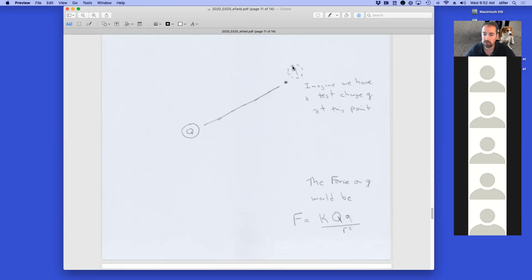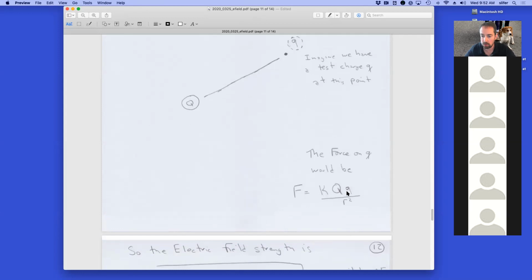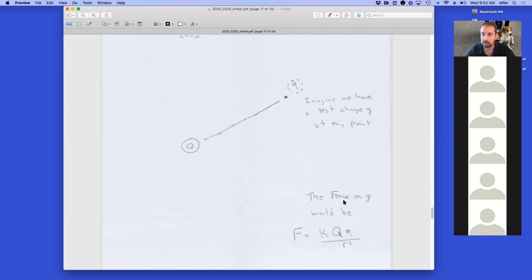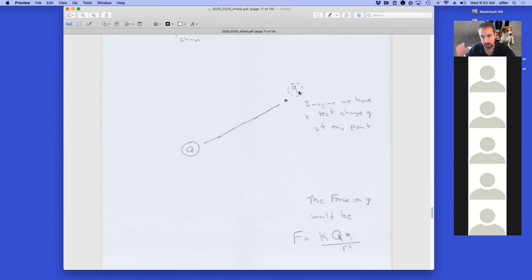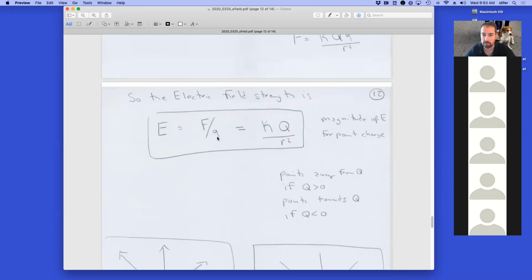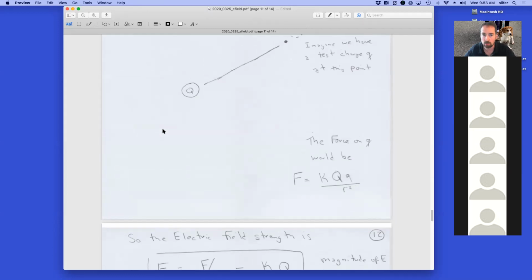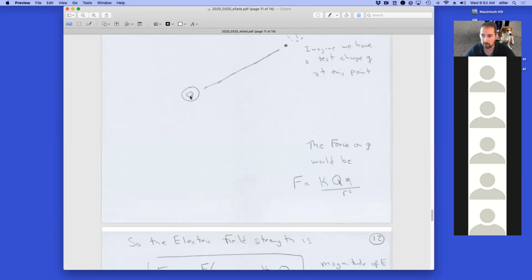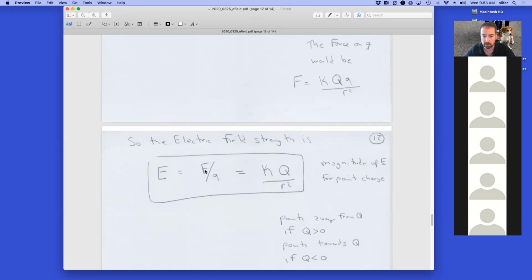But this is just a bookkeeping device. The small q is just so that I can evaluate the impact of this big Q on the space around it. So my force is k Q q over r squared, but I don't care about this test charge. It's imaginary. It's just a bookkeeping device. So I normalize it out. And in the end, what I get is that the electric field due to this source charge here, which is what I'm interested in, is that Coulomb force divided by the small q.